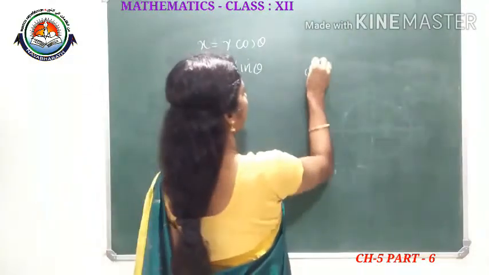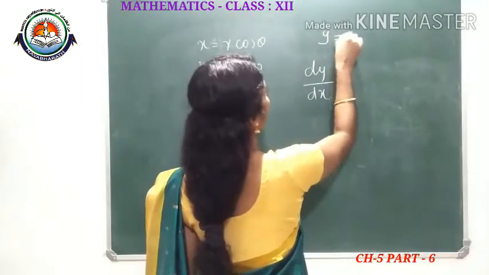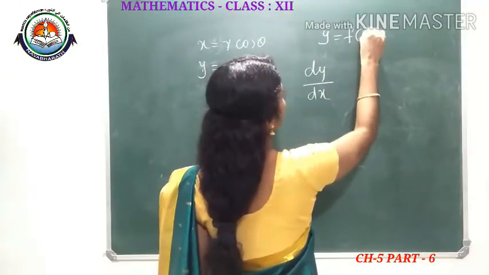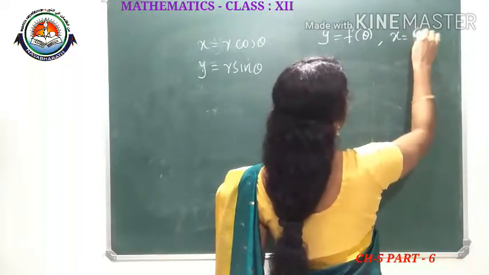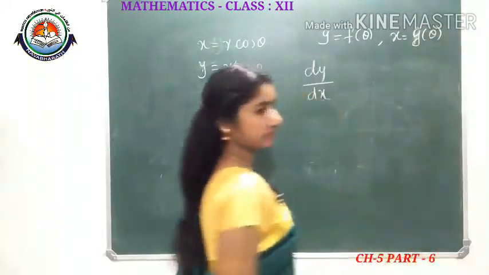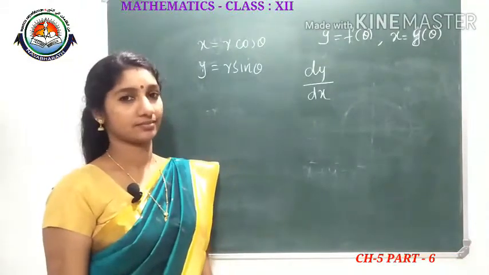We need to find dy by dx. Here y is given as some function of theta and x is given as another function of theta. We need to find dy by dx.